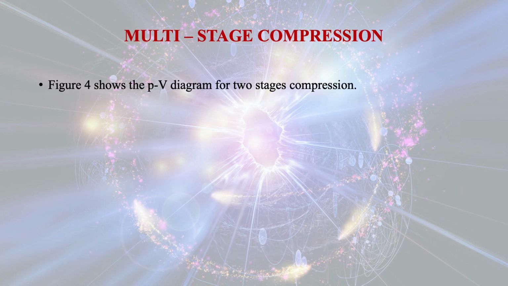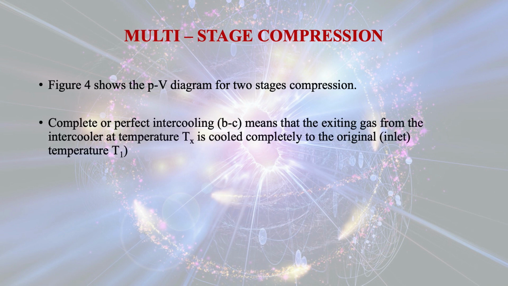The figure shows the PV diagram for two stage compression. Complete or perfect intercooling from B to C means that the existing gas from the intercooler at temperature Tx is cooled completely to the original inlet temperature T1.